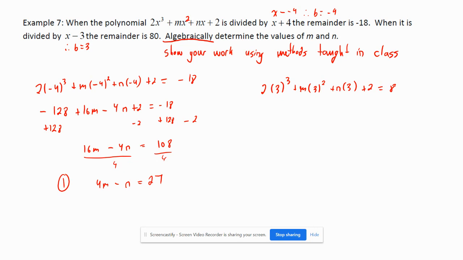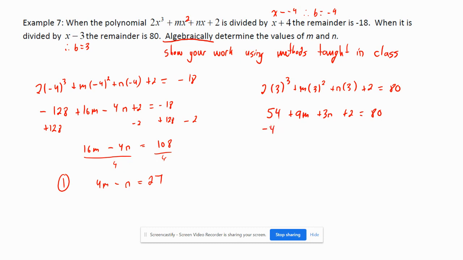This remainder is 80. 3 cubed is 27 times 2 is 54. 3 squared is 9 times m is 9m plus 3n plus 2 equals 80.